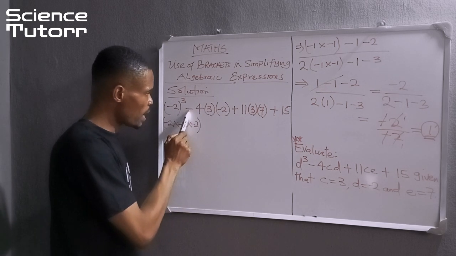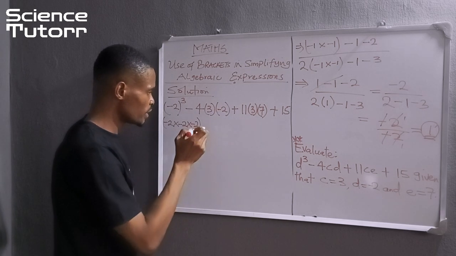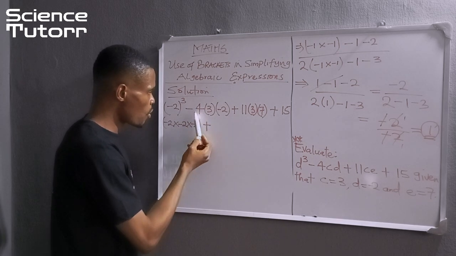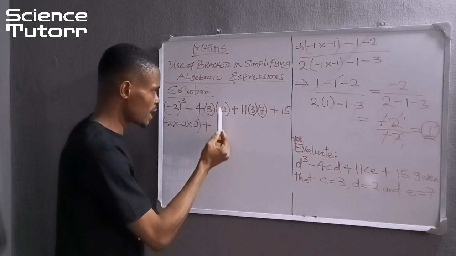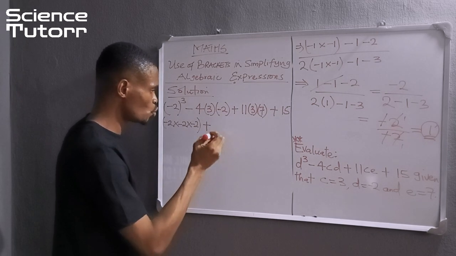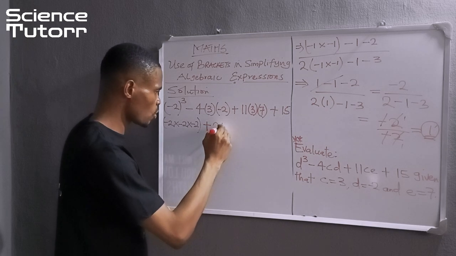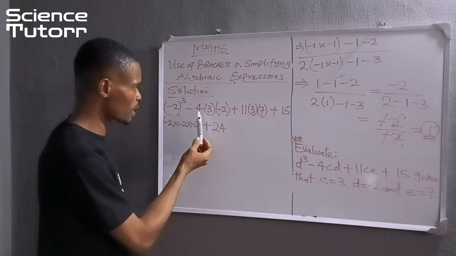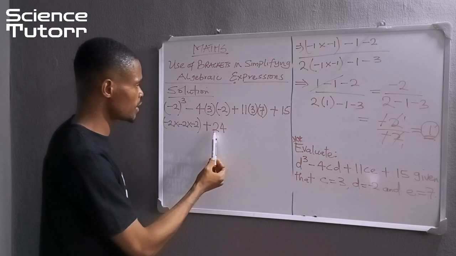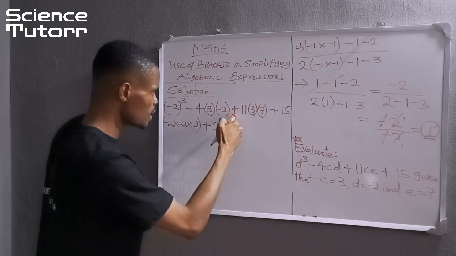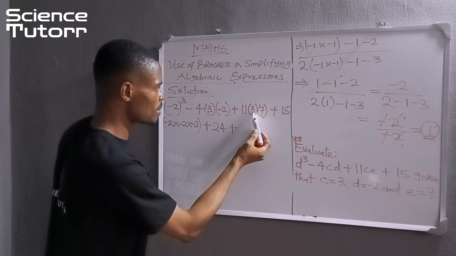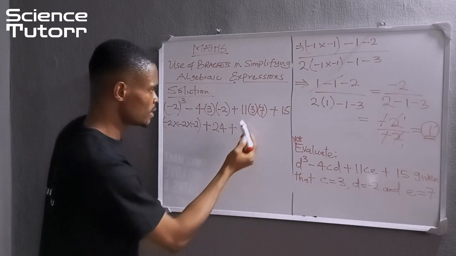First of all, minus times minus gives me a plus. 4 times 3 times 2: 4 times 3 is 12, 12 times 2 is 24. Multiplying all together because of the brackets. So a bracket simply means multiplication. So 4 times 3 times 2 gives me 24. I have a positive sign here. 11 times 3 is 33.